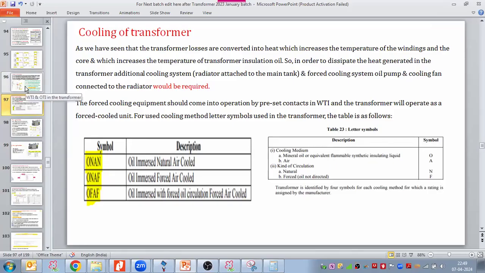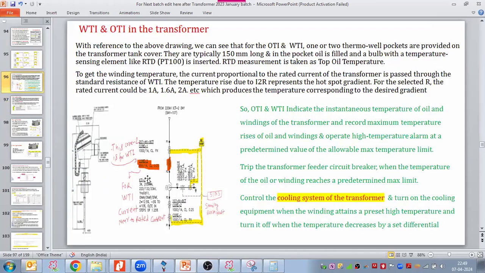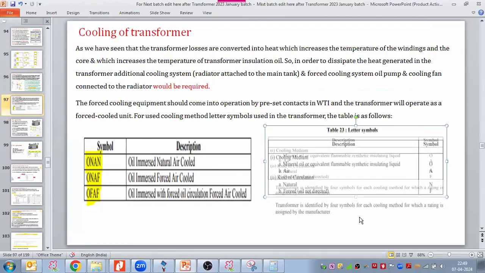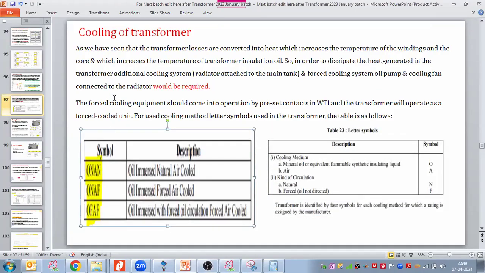Now, since the WTI and OTI control the cooling of the transformer, let us discuss the cooling of the transformer and what we do for it. As we have seen, transformer losses are converted into heat, which increases the temperature of the winding and core, and in turn the temperature of the transformer insulating oil.